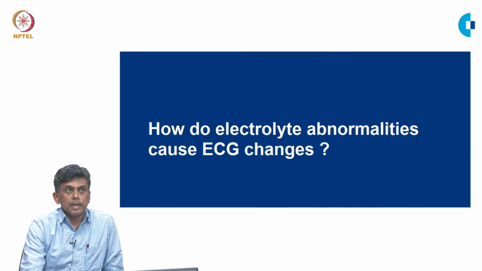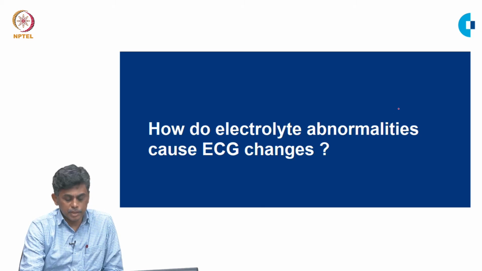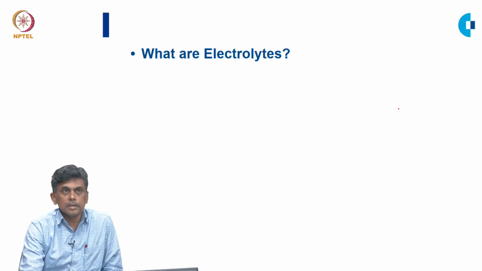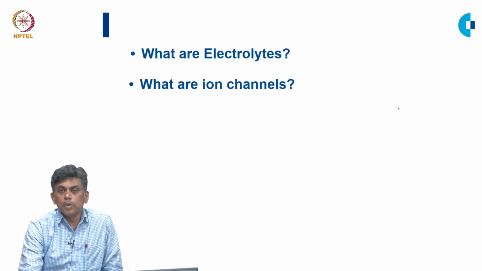Now, coming to the next question, how do these electrolytes cause these ECG changes? For that we have to know a bit more in detail. We have to know what an ion is and what an electrolyte is, what ion channels are, and whether ion channels are present in the heart muscle. If so, what channels?